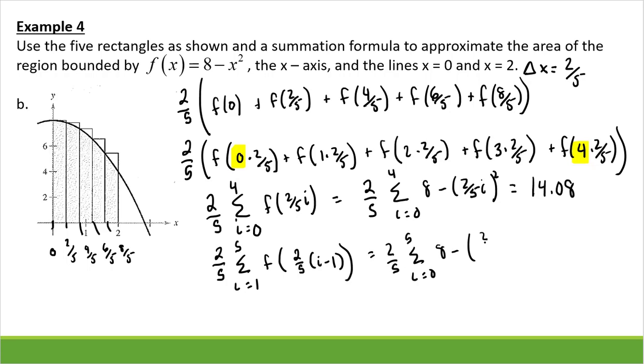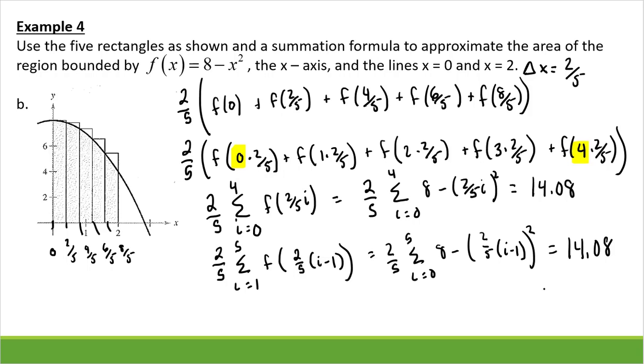I'm going to pause the video and try that on my calculator real quick. And after our short commercial break, I just did this in my calculator, and I also get 14.08. So you do get the same thing both ways. I'm going to be using the second way in the next example, just because I was checking my answer with the book and making sure everything worked out to be the same.